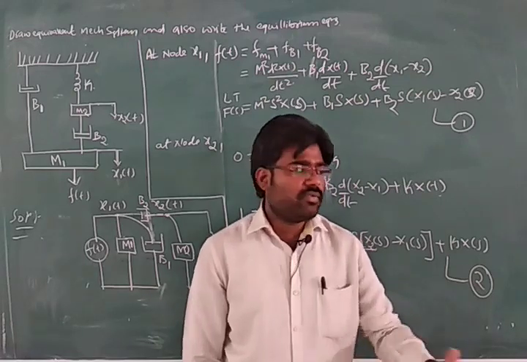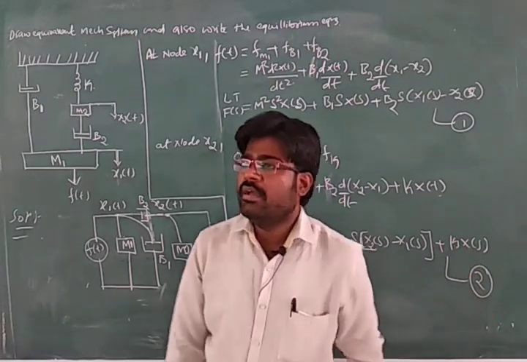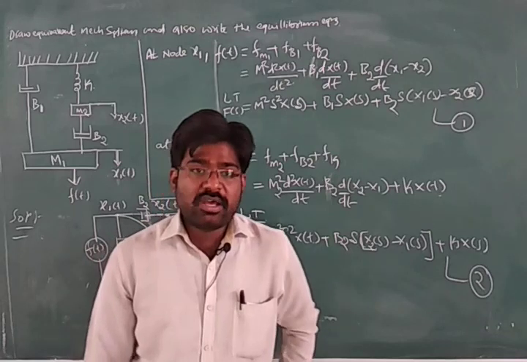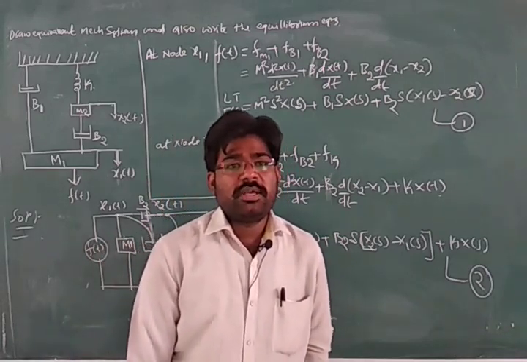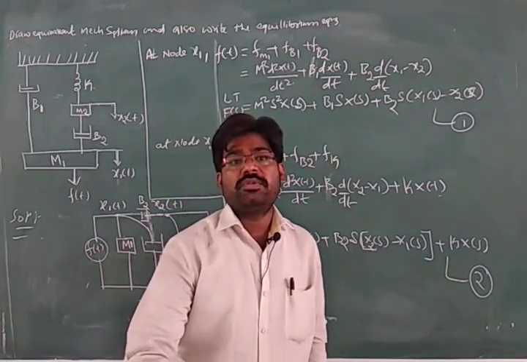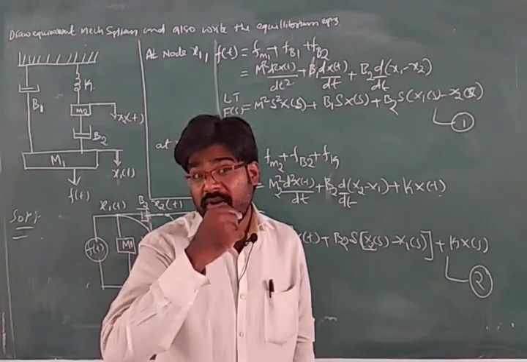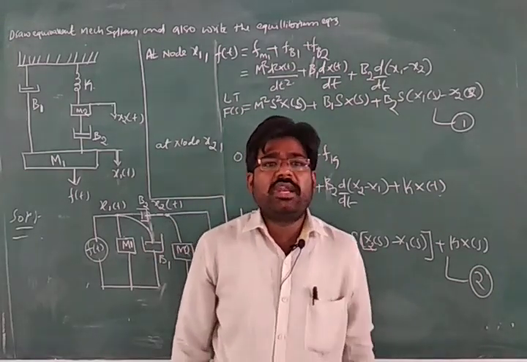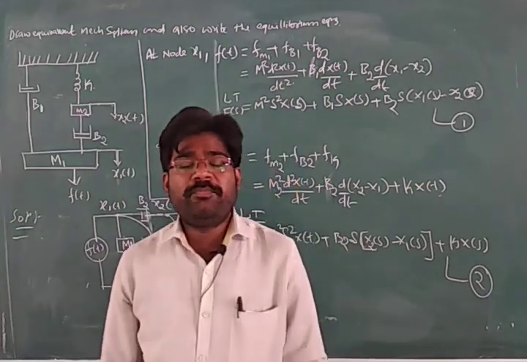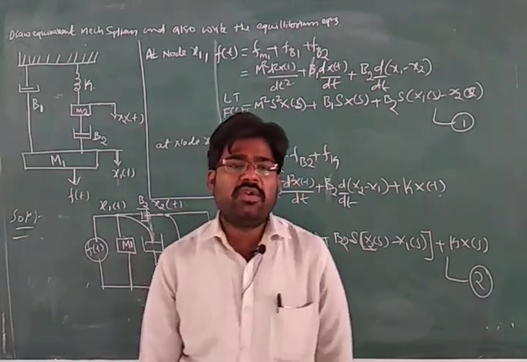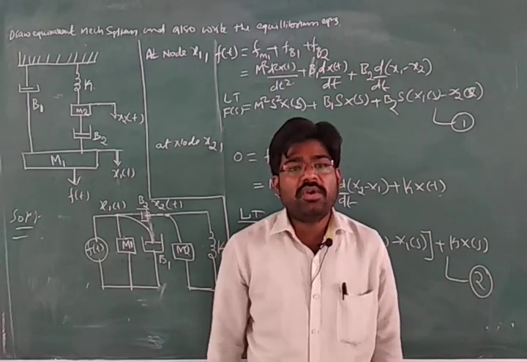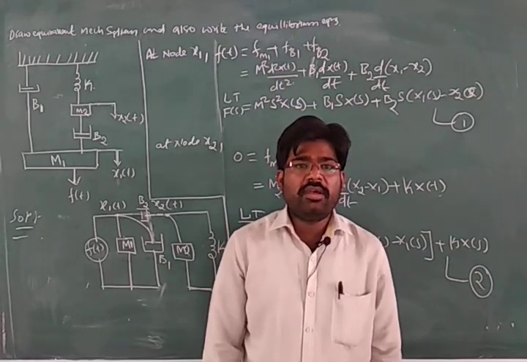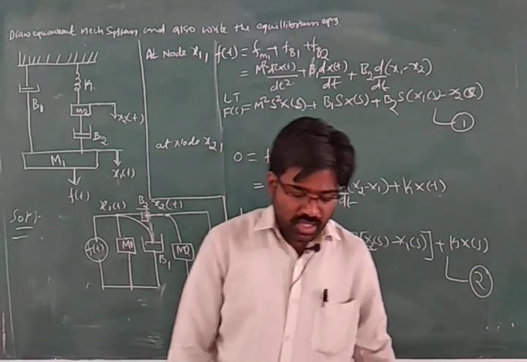So from here onwards, I will directly write the equations in S terms only. If force is acting on mass, it will be m into s square. If force is acting on dashpot, it means b into s. If force is acting on spring, it means k. Okay, that I will write from next class onwards.